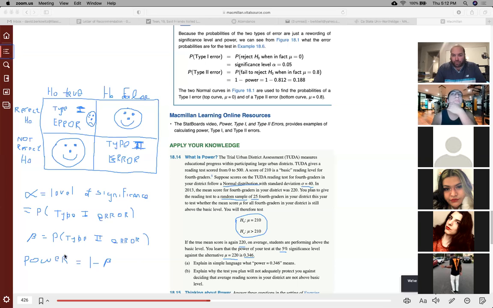So power is 0.346. That's 1 minus beta. So therefore, if the power is 0.346, what's my beta?